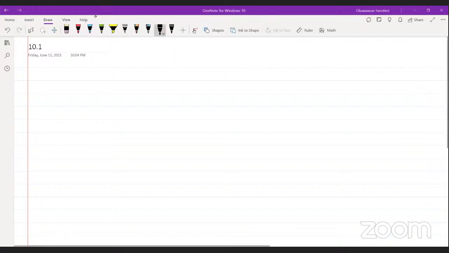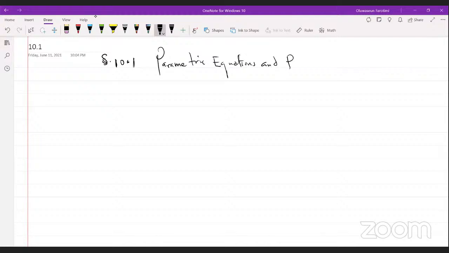Pretty much section 10.1 focuses on parametric equations and polar coordinates. So we're studying more like a two-in-one, focusing on a two-in-one thing in this session.